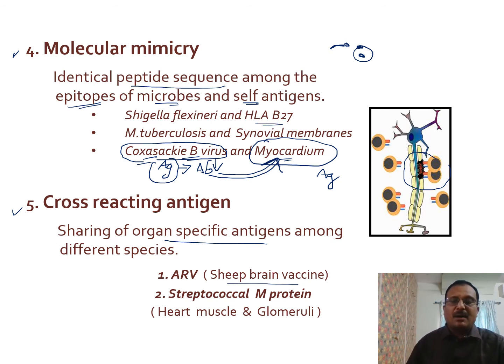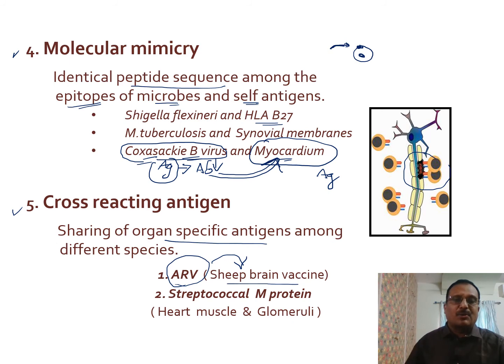So the sheep brain cell antigens are almost similar to the human brain antigens. When you receive the anti-rabies vaccine prepared from sheep brain tissue, that vaccine not only consists of the vaccine particles but also contains sheep brain particles. So once we give this injection to the recipient, not only are antibodies against the rabies virus produced, but antibodies against the sheep brain tissue are also produced.